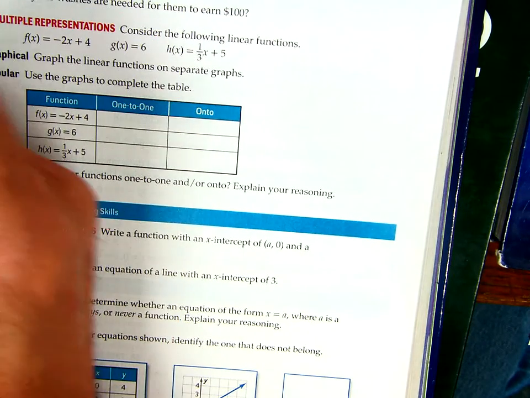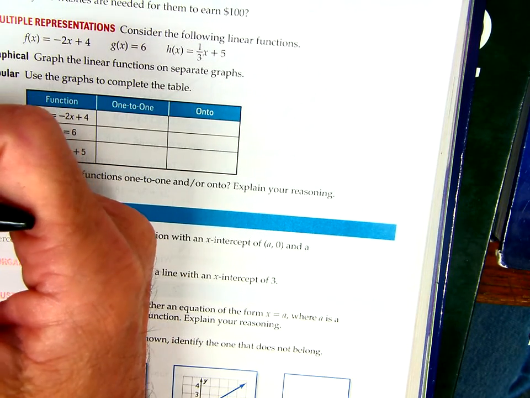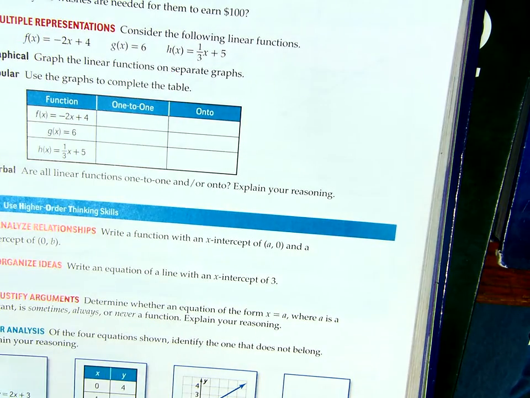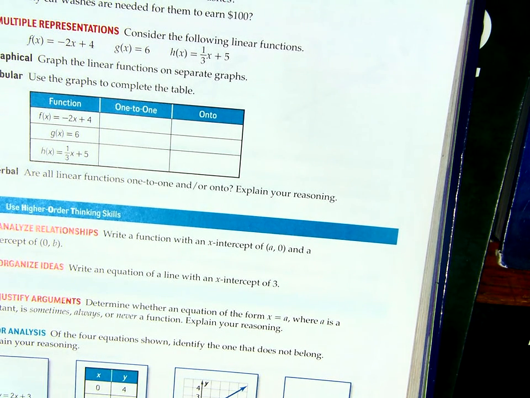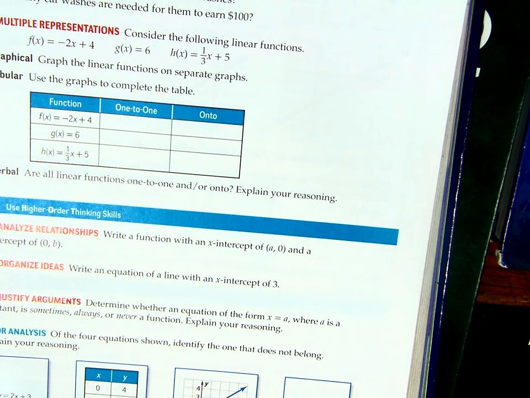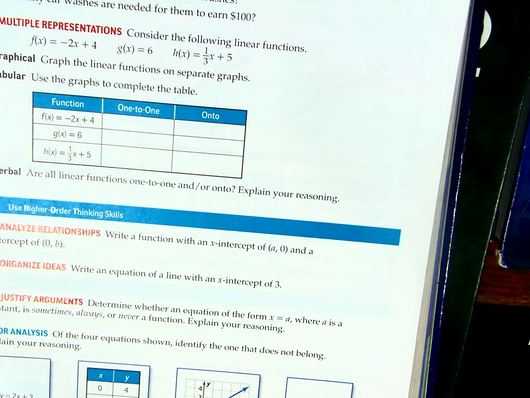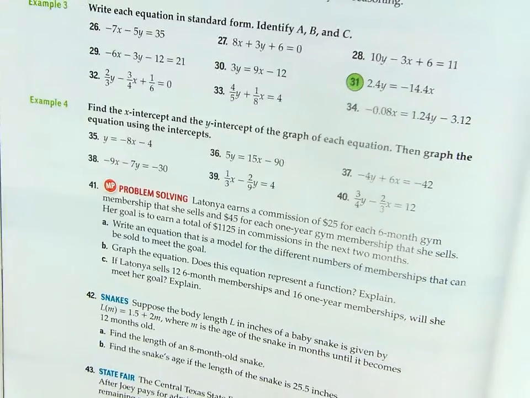Number 35 through 40 on page 72. Yep, 35 through 40. Even and odd? Yep, that's just 35 through 40 on page 72. Now they didn't make it easy for you.